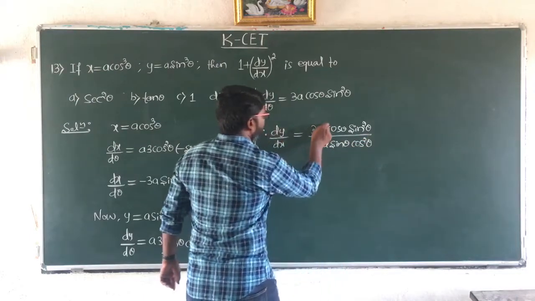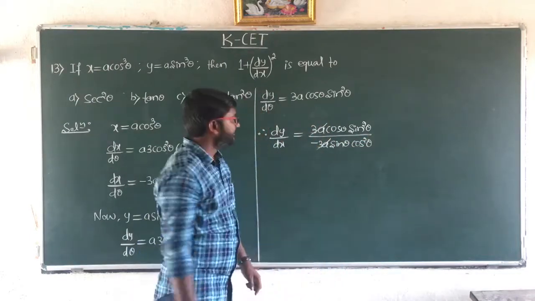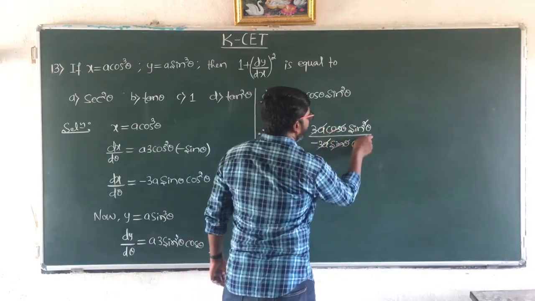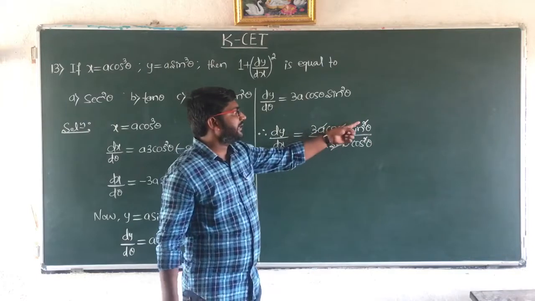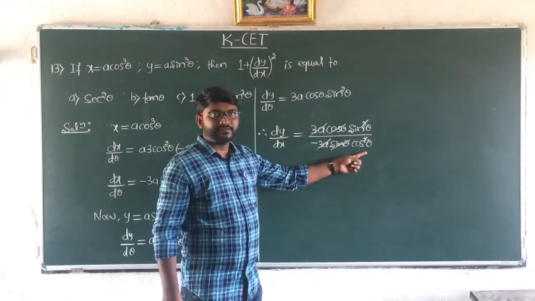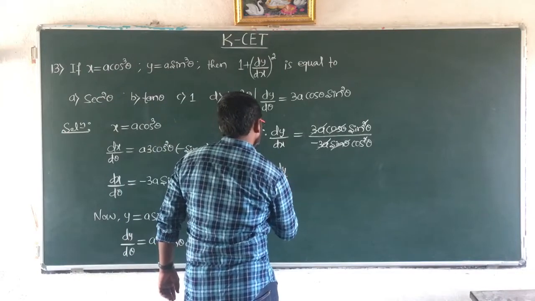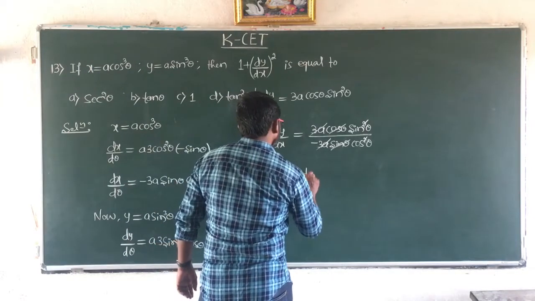So now 3a and 3a get cancelled. Sin theta and sin theta get cancelled. Cos theta and cos theta get cancelled. We have sin theta divided by cos theta, that will give us tan theta, with the minus sign. Dy by dx which is equal to minus tan theta.